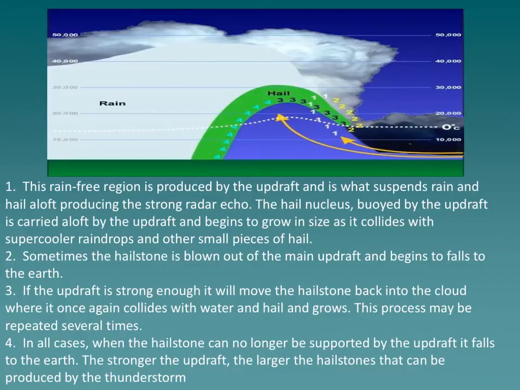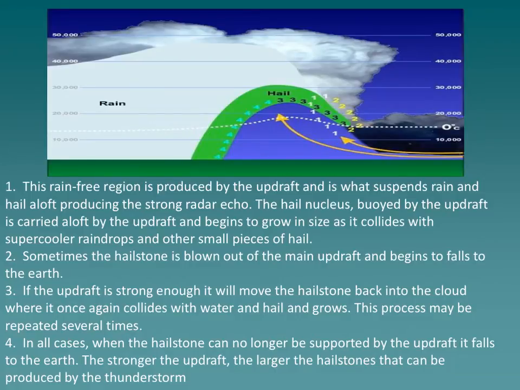It's produced by updraft, and that is that air getting pulled up into the cloud. It suspends rain up in the air and keeps hail aloft because it's almost like a wind blowing up. You don't really see it much.